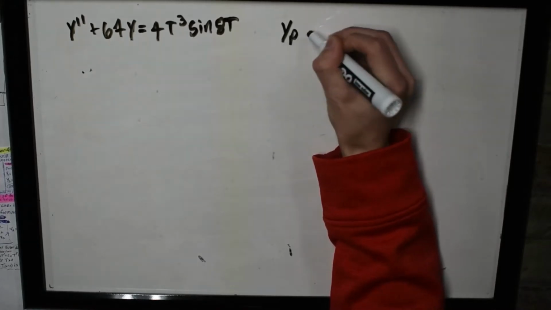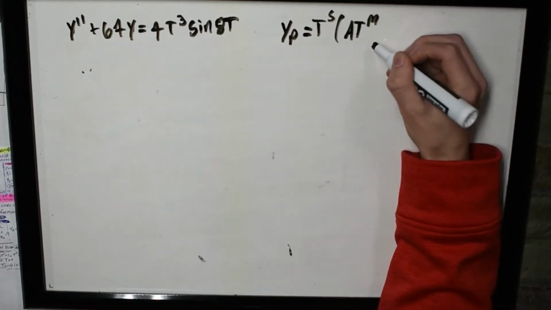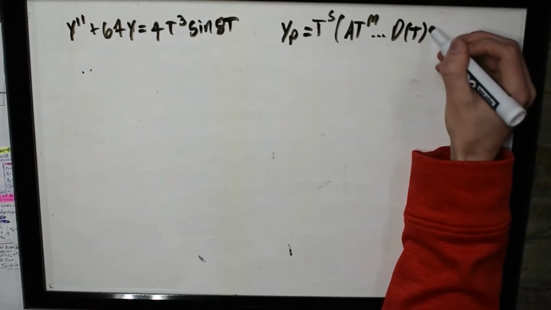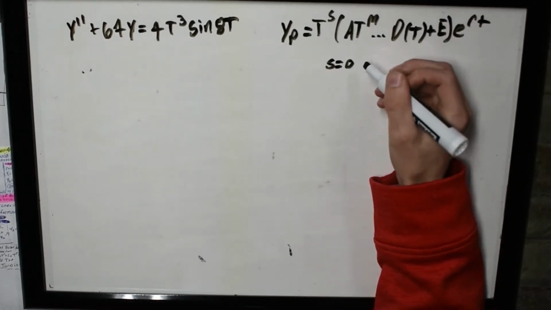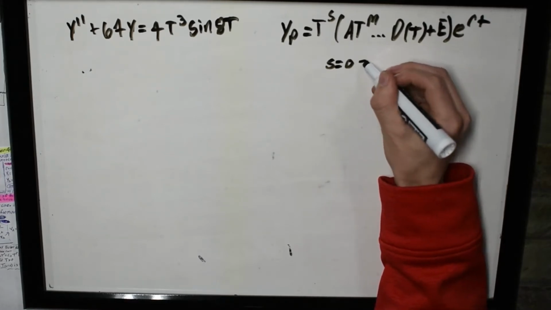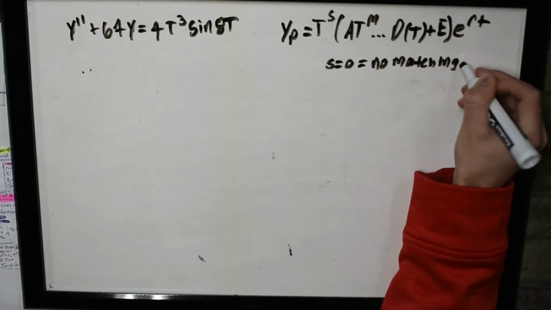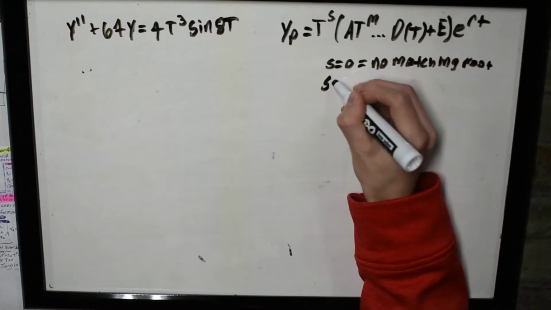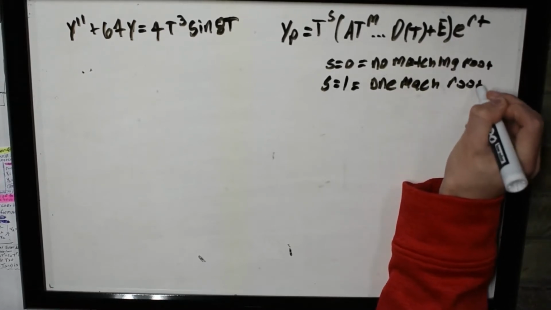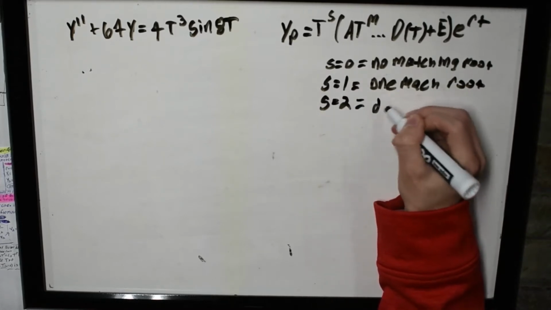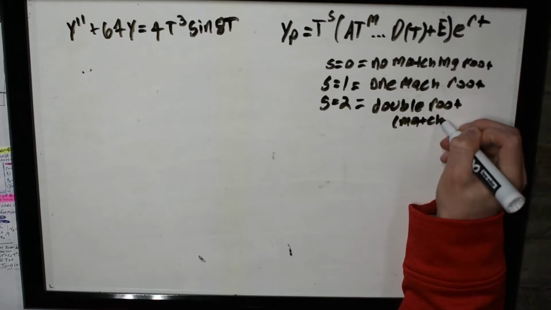So this is y of p, the particular solution, is equal to t to the s, (a t to the m, dot dot dot, d) times e to the rt, where s is equal to 0 when we have no matching root rather. s is equal to 1 when we have one matching root, and s is equal to 2 when we have a double root. Matching. And that has to match like all of these.